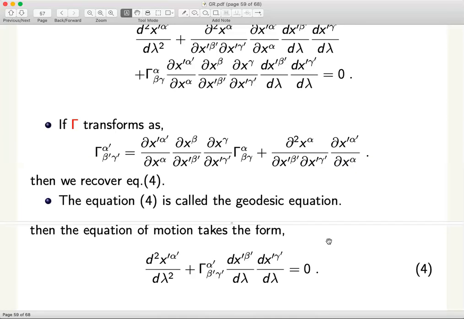It may not look like a straight line simply because the metric is complicated, but the fact that it is a shortest path continues to hold. So the geodesic equation is a statement that in a locally inertial frame, the path of the particle or observer following the geodesic would be a straight line locally. Okay, fine.